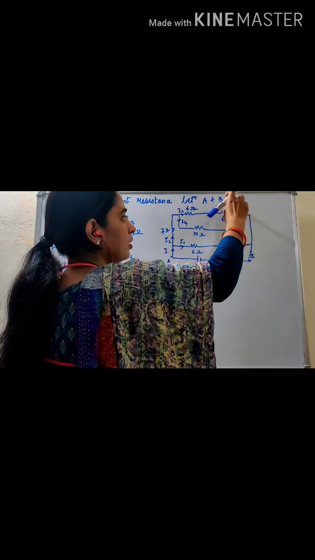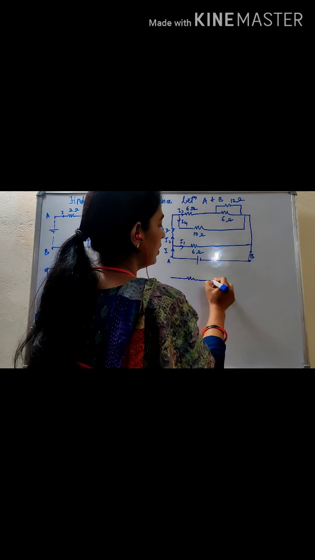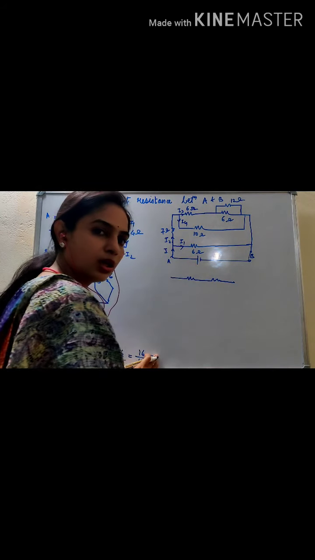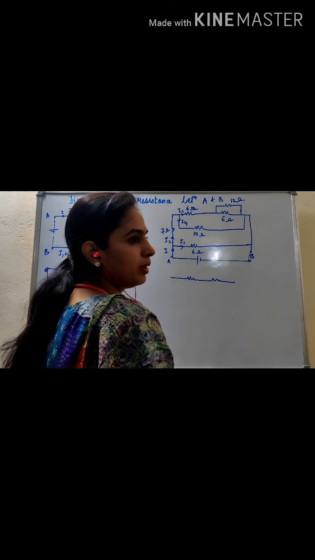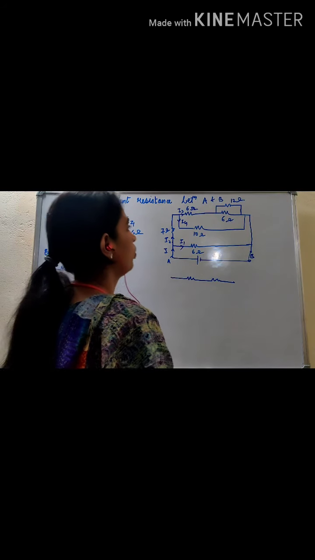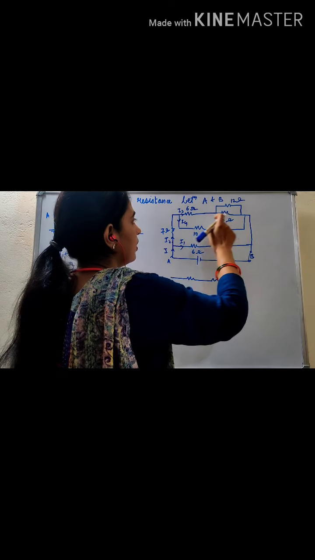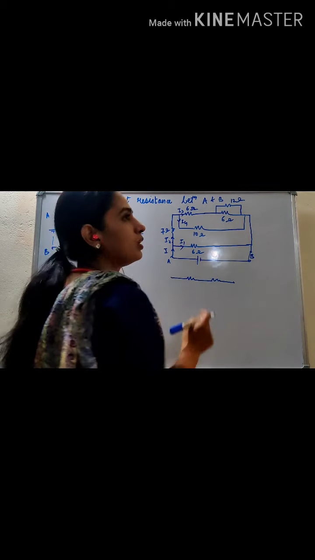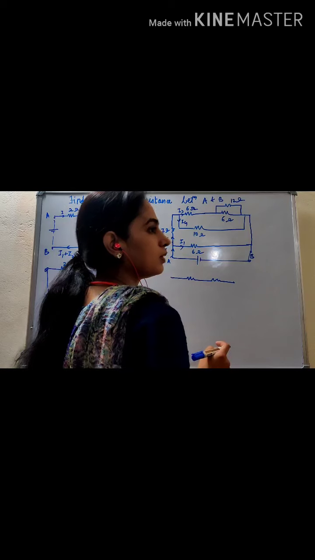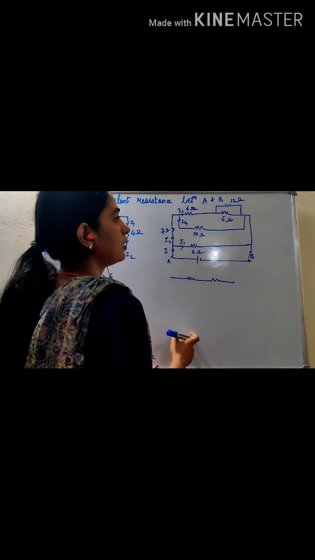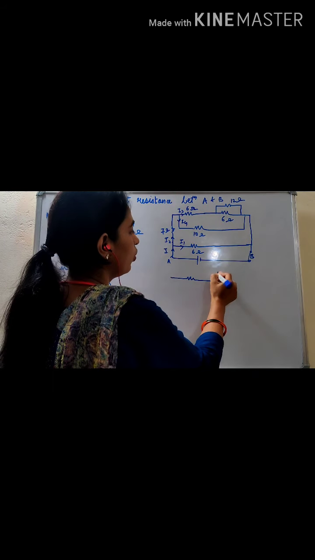So what we can see here, 12 and 6 are in parallel. So your network reduces to this equivalent of 12 and 6, which will be 12 times 6, 72, divided by 12 plus 6, 18. 3 sixes are 18, 4 twelves are 72, so this will be 4 ohm.